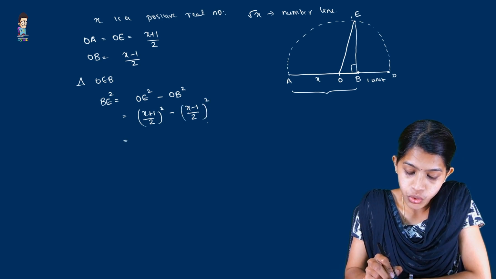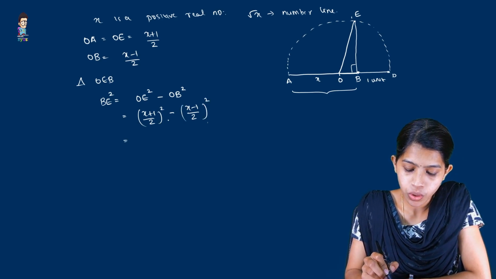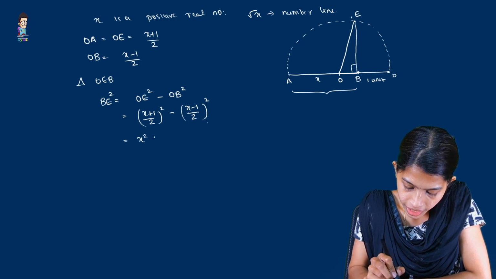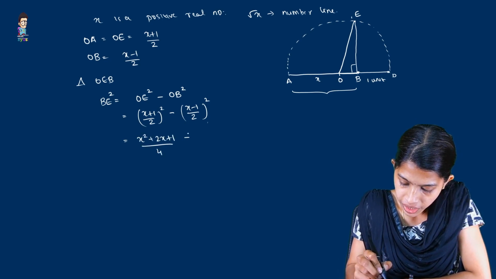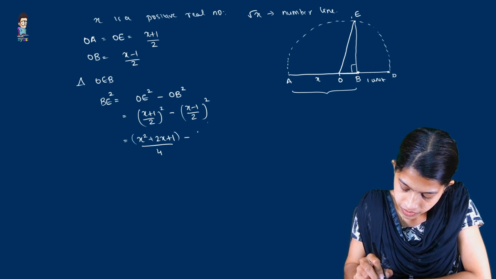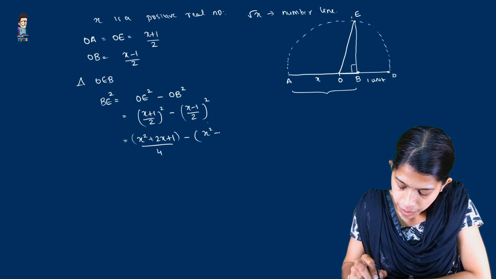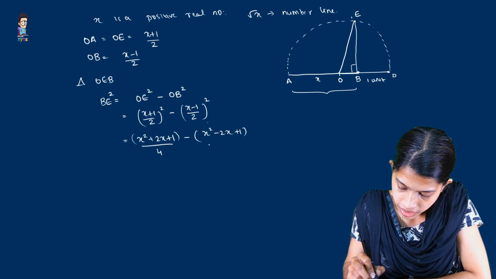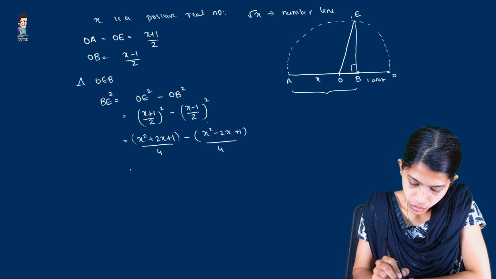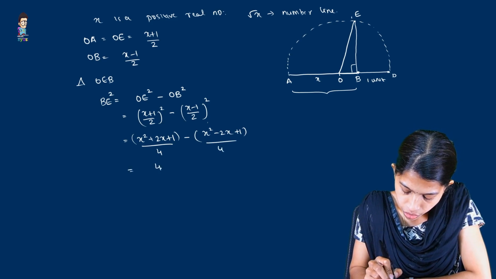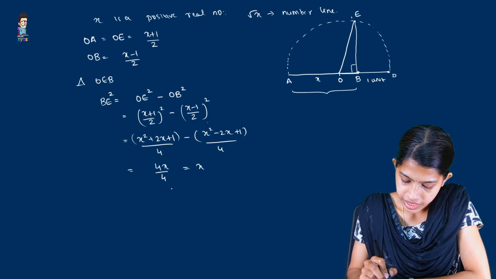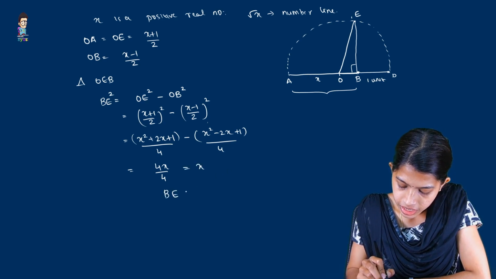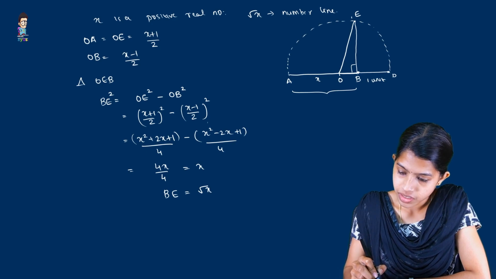Here we need to use the expansion of (a plus b) the whole square, which gives (x square plus 2x plus 1) divided by 4 minus (x square minus 2x plus 1) divided by 4. So, this is equal to 4x divided by 4, which is equal to x. That is, BE is equal to root x.